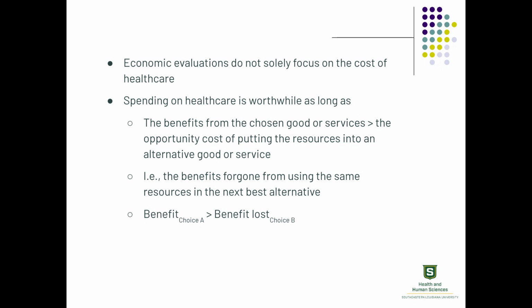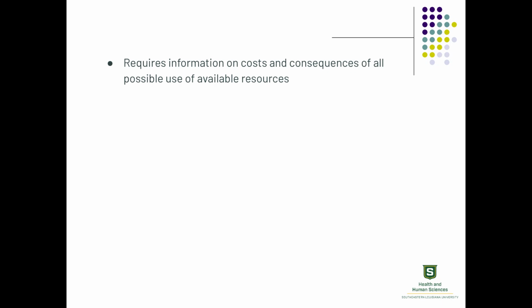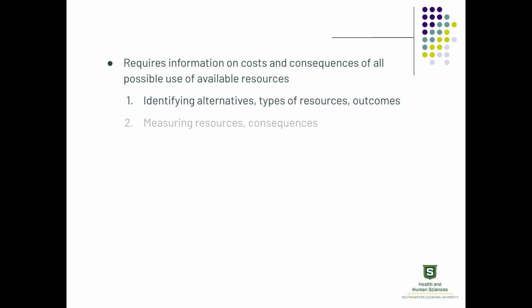So in order to do that, we require a lot of information, right? Information on the costs and consequences of all our available resources for all the alternatives that we have. Of course, sometimes it's difficult to have all of it, but we want to get as much as we can. That requires identifying what those alternatives are and what types of resources we're going to need in order to do those, and what the possible outcomes are. We want to be able to measure these resources and consequences.